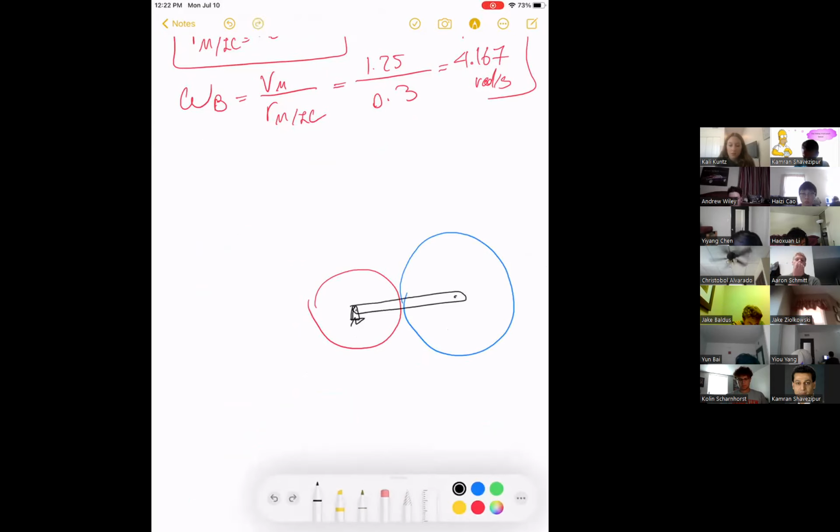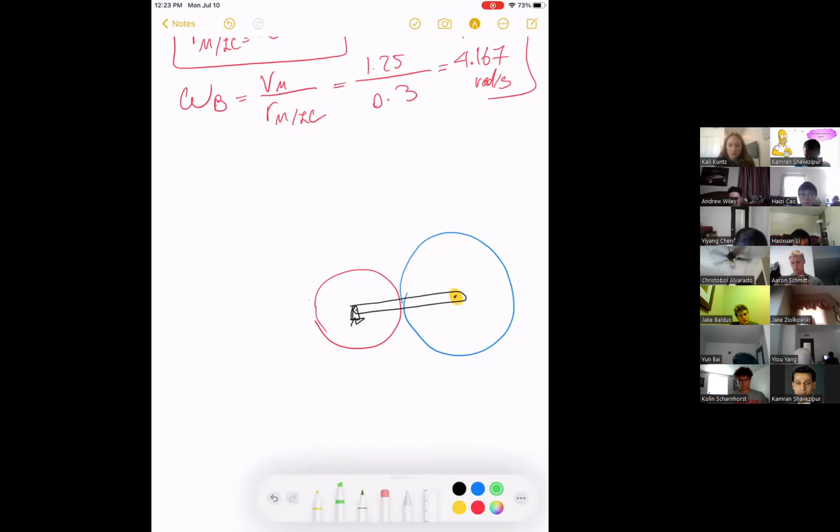Things that you need to remember, right? The first thing is this point. This point belongs to both the link and the cylinder, right? So you can get its velocity.